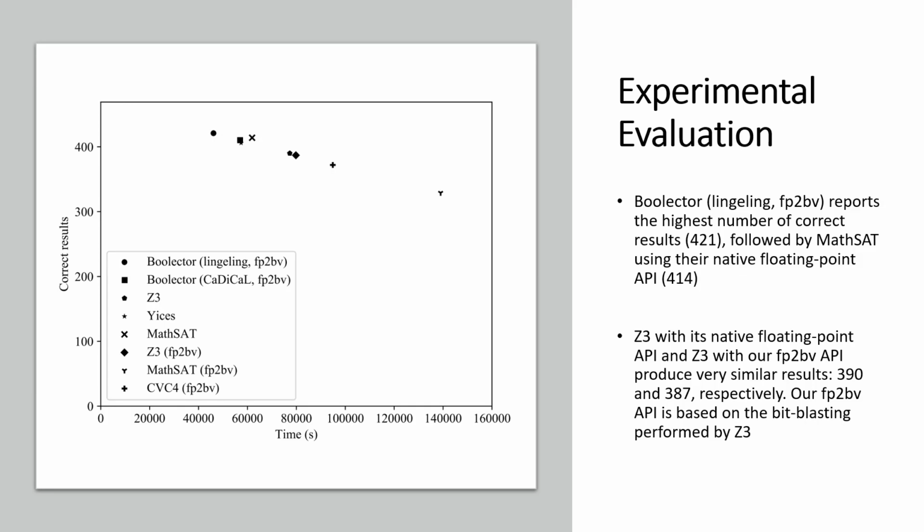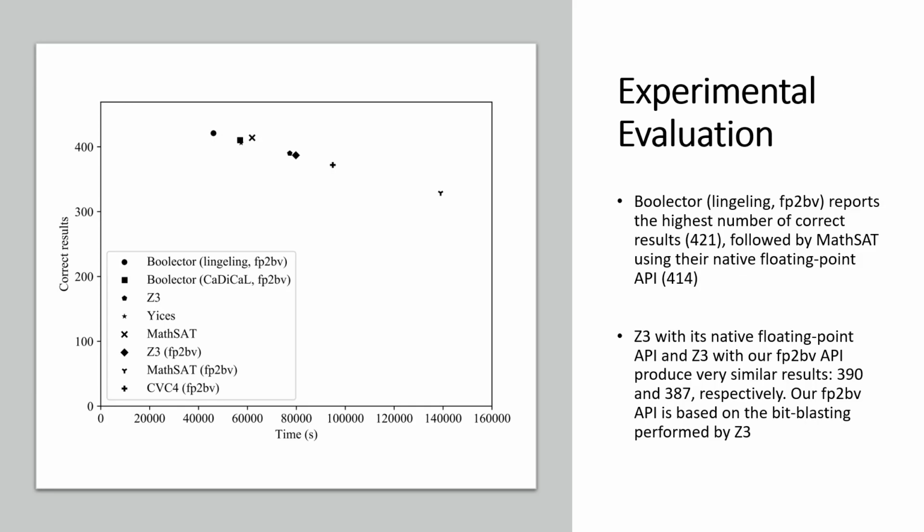The results show that Z3 with its native floating point API and Z3 with our FP2BV API produce very similar results, 390 and 387 respectively. This result is expected since our FP2BV API is based on the bit blasting performed by Z3 when solving floating points.